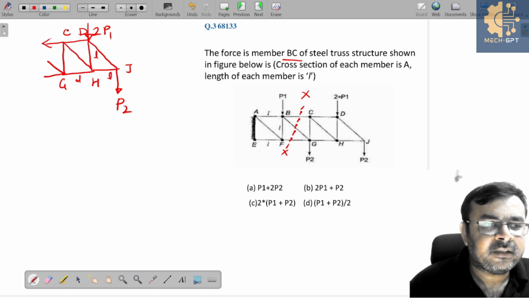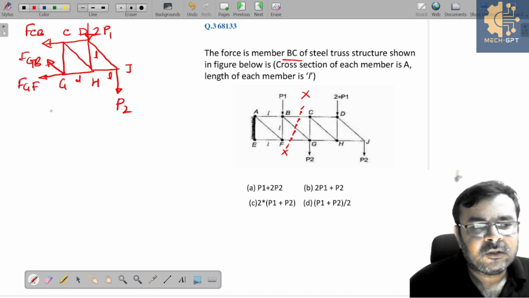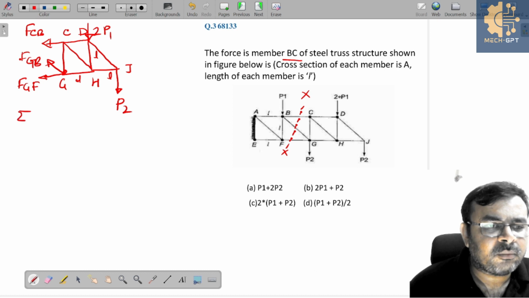So this is L, this is L, this is L. Yes or no? In this we have FCB, and in this we have FGB. Correct? And in this we have FGF. Is it clear? So let us take summation of moment about G equal to 0.